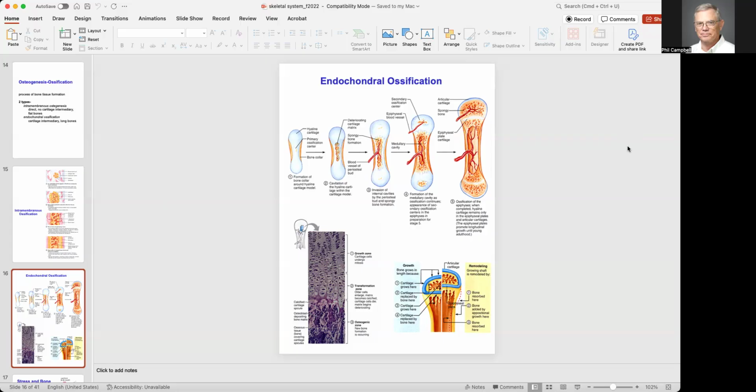As time progresses, we start to see islands of bone forming at either end, both the proximal and distal end. Eventually, what will remain will be a surface coating of cartilage on both the distal and the proximal ends of the long bones.